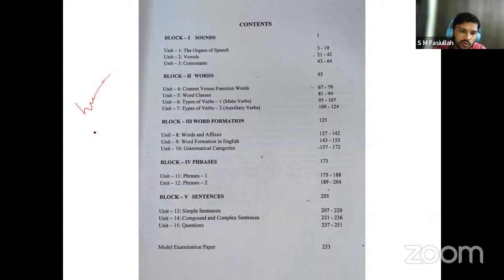Those sounds, especially related to English, are produced only when you are exhaling, not inhaling. And that is why the whole thing is called the egressive airstream mechanism.